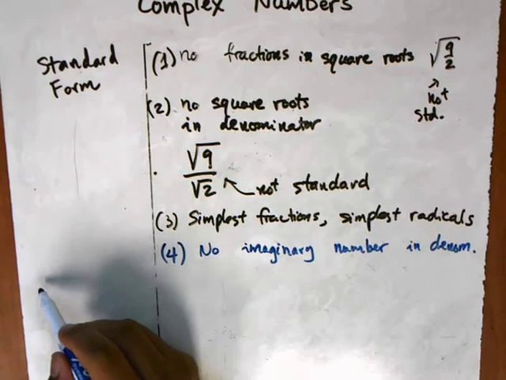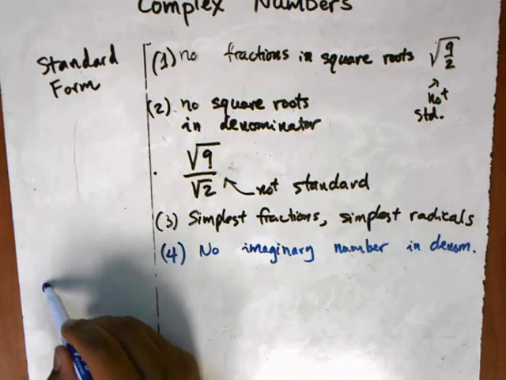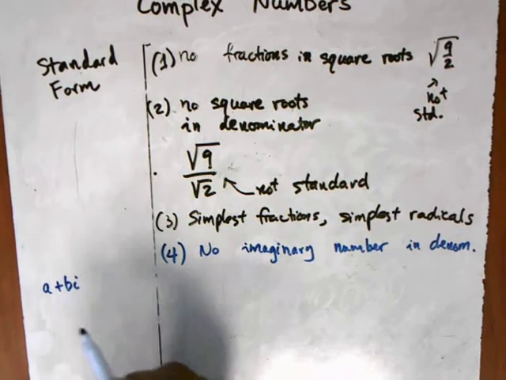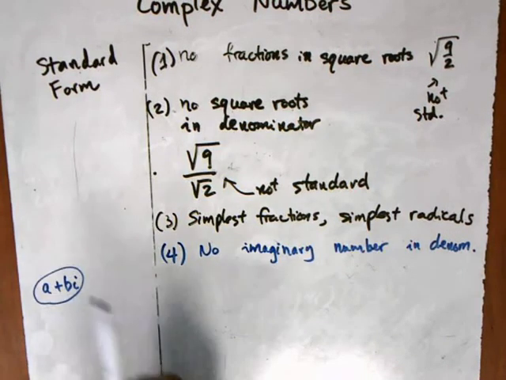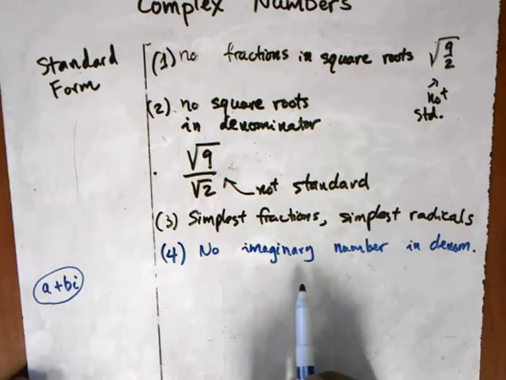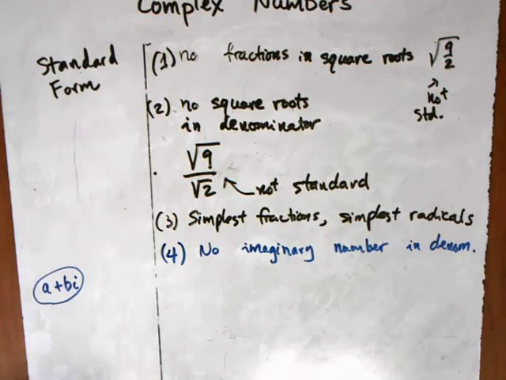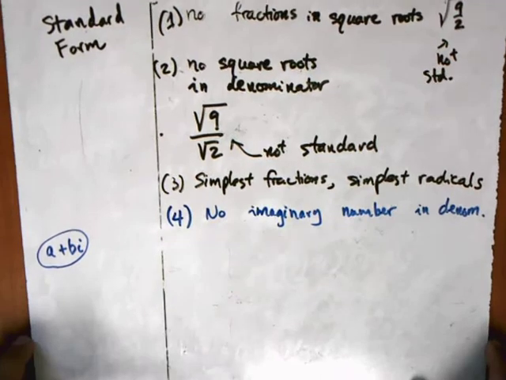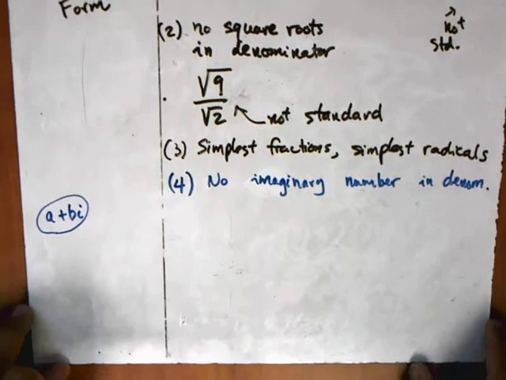And so we want everything to be written as a plus bi. That's what we're looking for when we're dealing with standard form of complex numbers. We don't want anything in the denominator. And so let's look at an example of that.